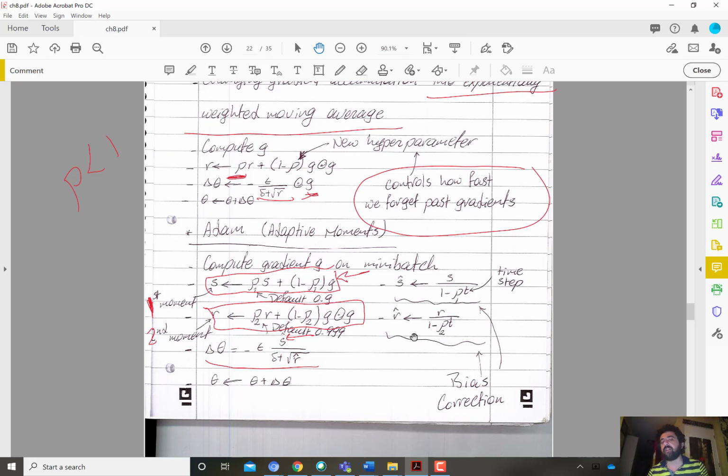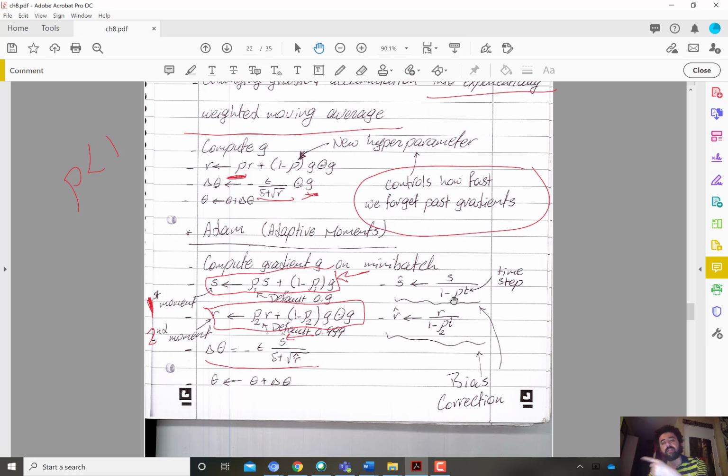So think of the very first iteration, right? So I have S here equal 1 minus rho 1 times G plus rho 1 times the old S, right? The old S equals 0 because we initialize to 0. So it's just 1 minus rho 1 times G. And that's why for S hat we divide by 1 minus rho 1, because I wanted to get the actual gradient, right?